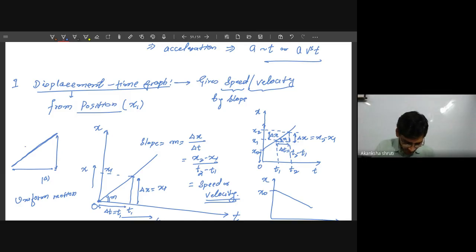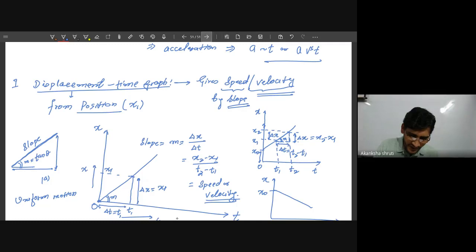So slope is basically given by the tangent of this angle, or sometimes this is also written as tan theta. More detail you will learn in higher study. Student, you have to just keep in mind that the significance of the displacement time graph is to calculate the velocity. It is calculated by taking the slope. The slope is nothing but the ratio of vertical axis change to horizontal axis change. That is important.